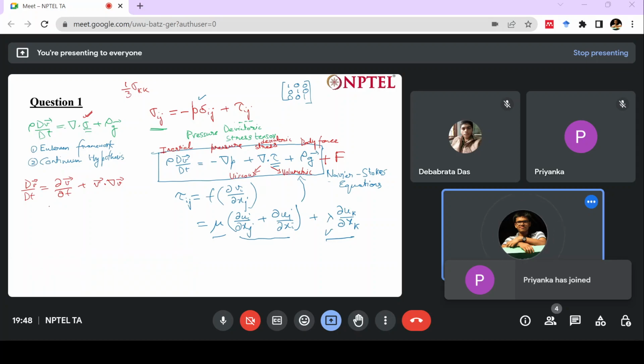This is my temporal term, the temporal derivative, and this is my convective term. Okay. So what does the temporal derivative do?